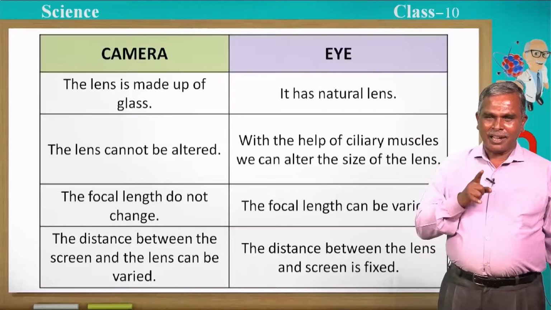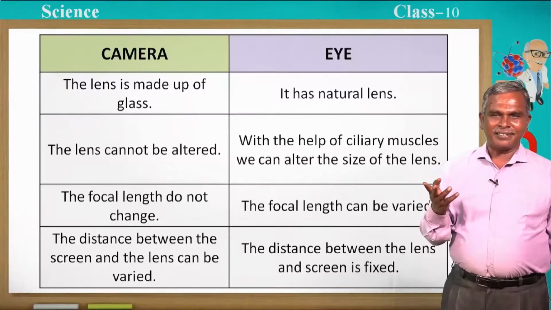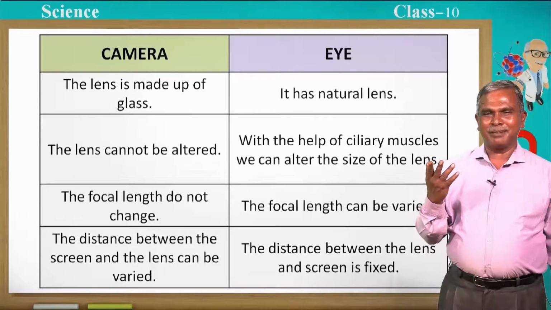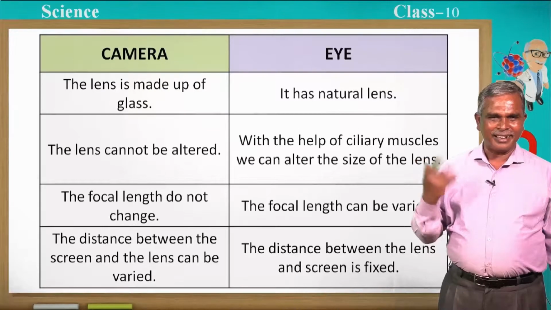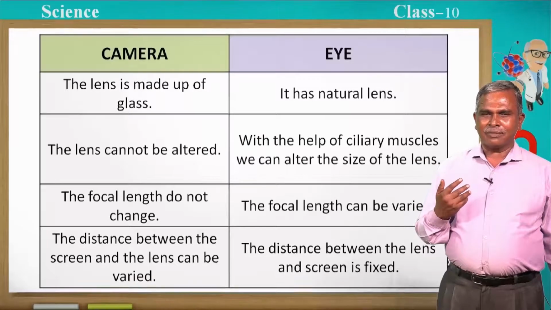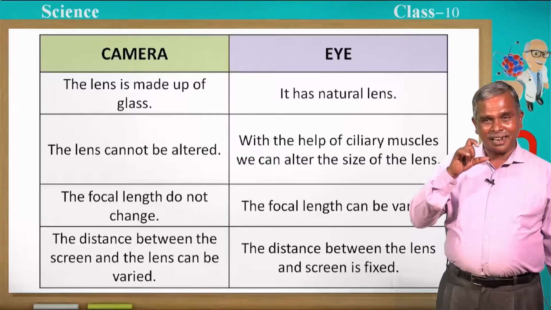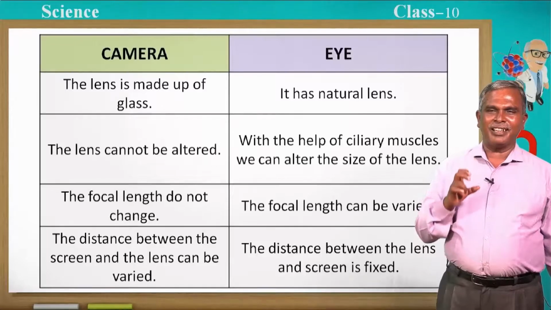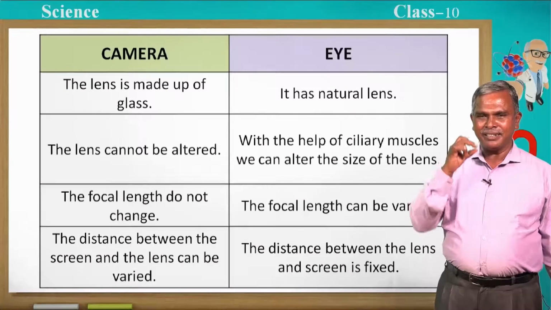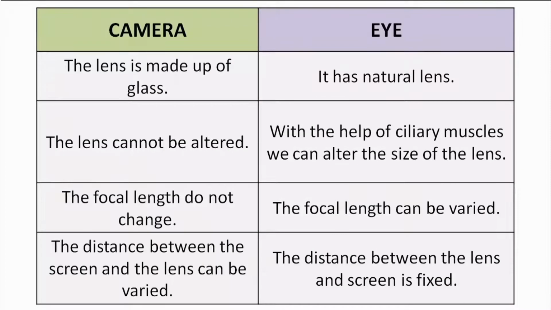The camera lens is made of glass, but our eye lens is a natural crystalline lens. The lens of the camera cannot be altered, it is always fixed. But with the help of the ciliary muscles, we can increase or decrease the size of the eye lens. The focal length of the camera cannot change, but the focal length of the eye can be varied according to the distance.